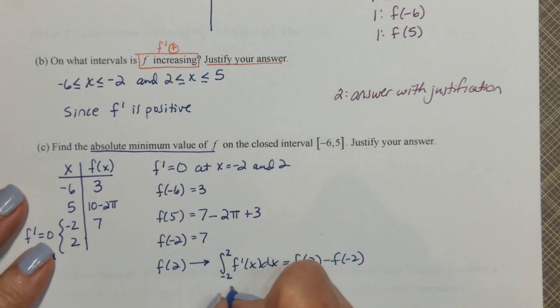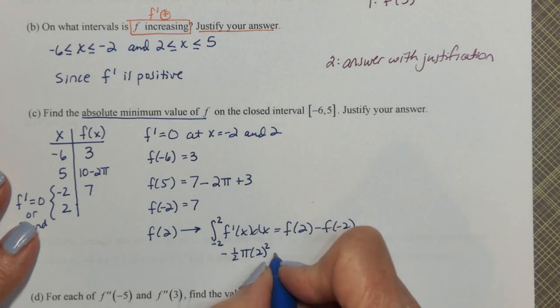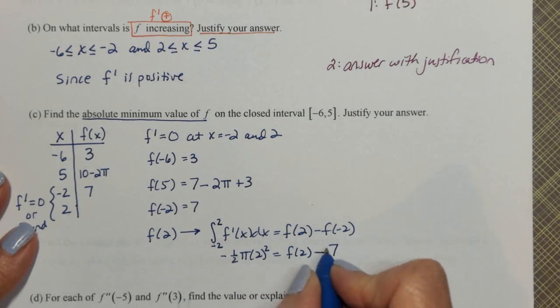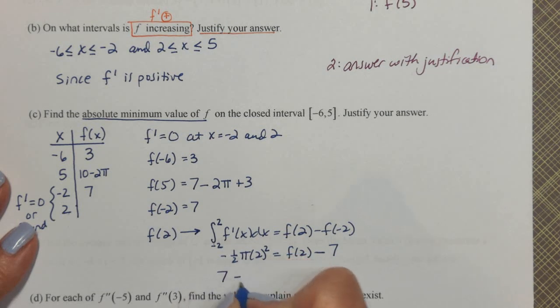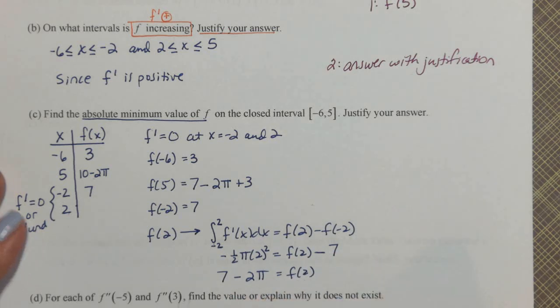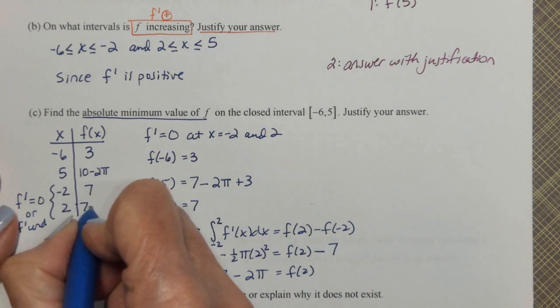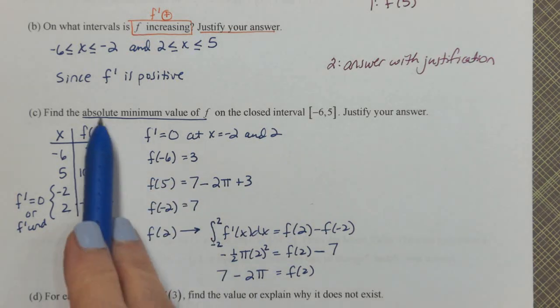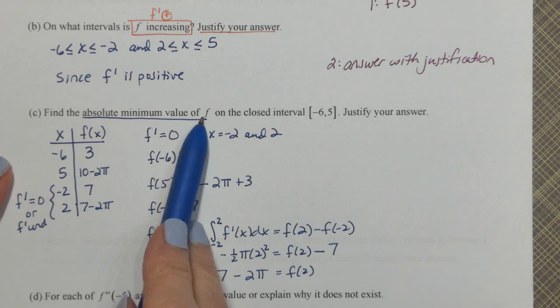So that's our negative 1/2 pi times 2 squared. And that will equal f of 2 minus 7. Pull your 7 over. That'll be 7 minus 2 pi. And that's f of 2. 7 minus 2 pi.